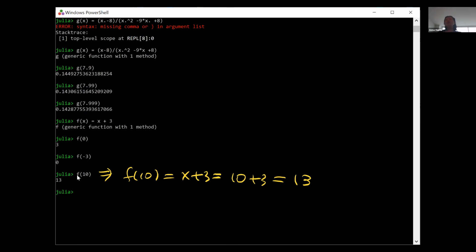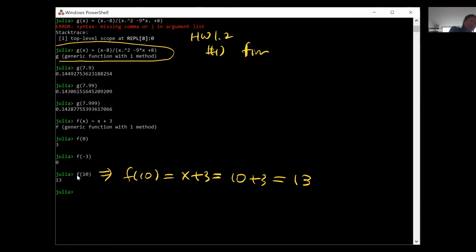I want you to become familiar with Julia so we can use it for our work, like this problem over here. Your first homework problem, 1.2, number 1, asks you to figure out the limit as x approaches 8 of (x minus 8) divided by (x squared minus 9x plus 8).